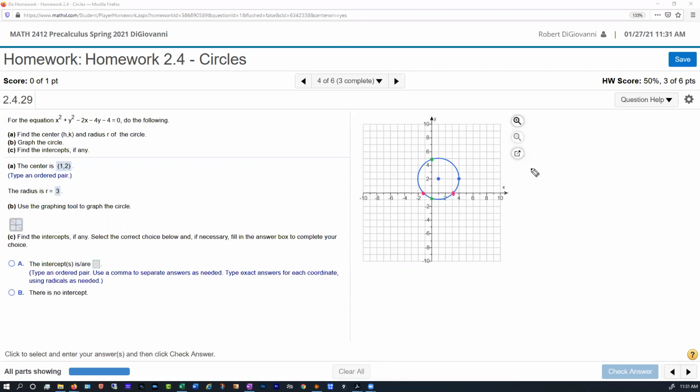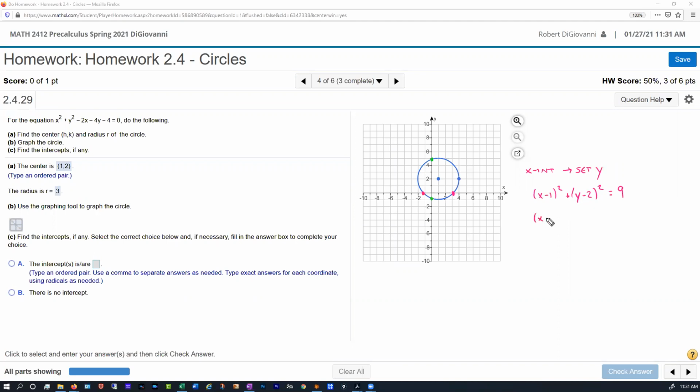To find the x-intercepts, what we do is we set y equal to 0 in the equation and solve for x. So let's take the standard form, (x minus 1) squared plus (y minus 2) squared equals 9. That was the standard form. I want to set y to 0.